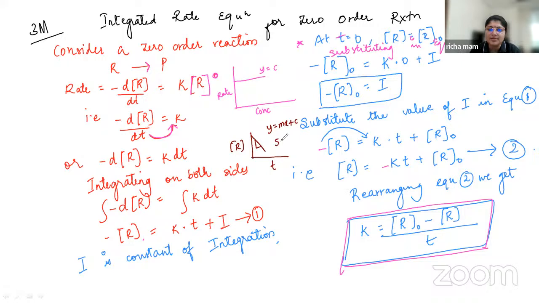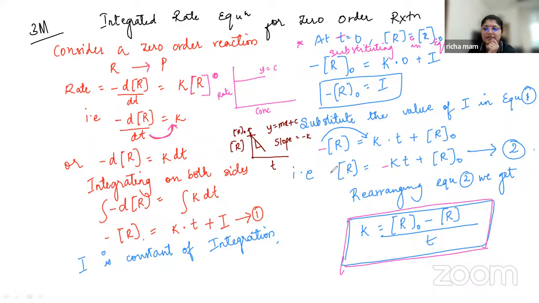The slope is minus k, and the intercept is R naught. So this is another graph, where we can see the concentration of R versus time is a straight line following y equal to mx plus c, and the slope is minus k.